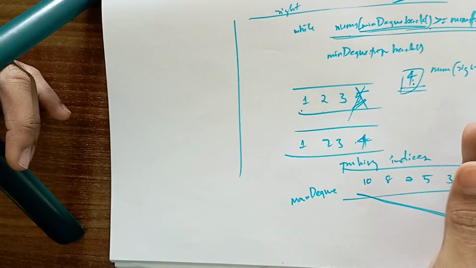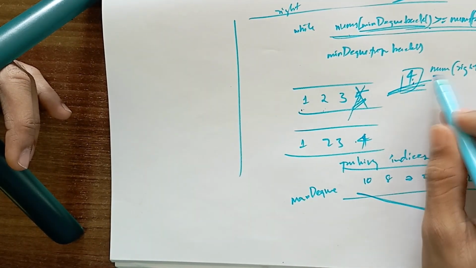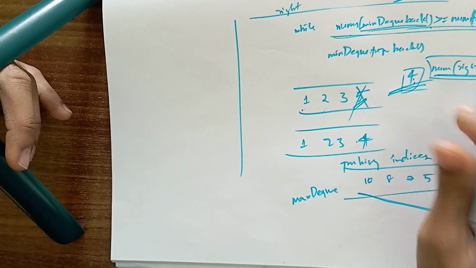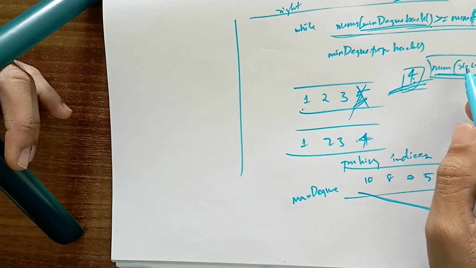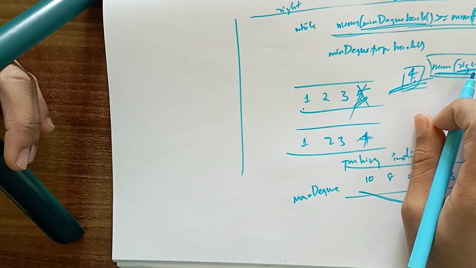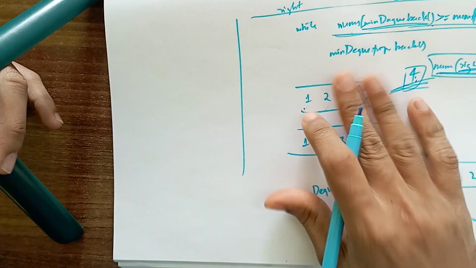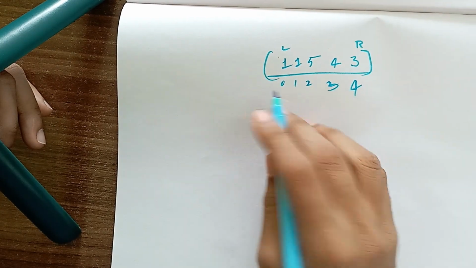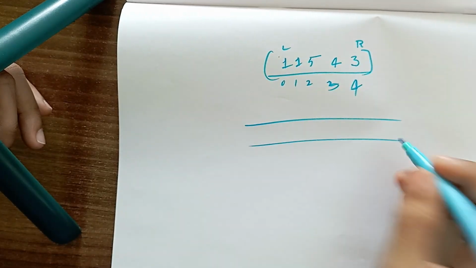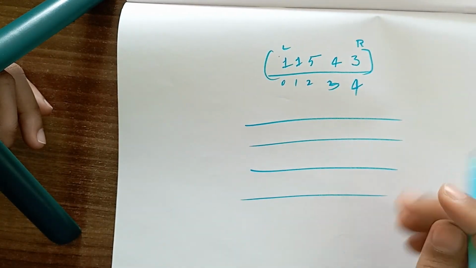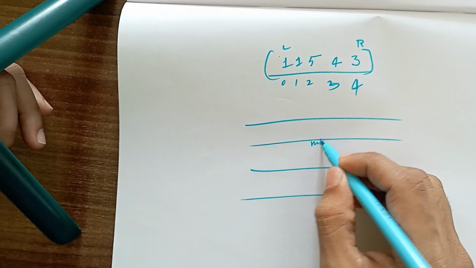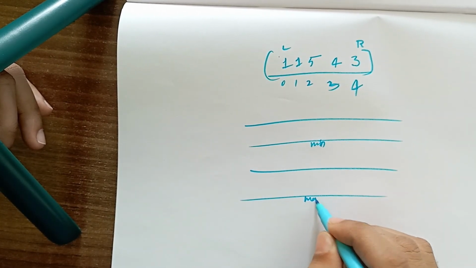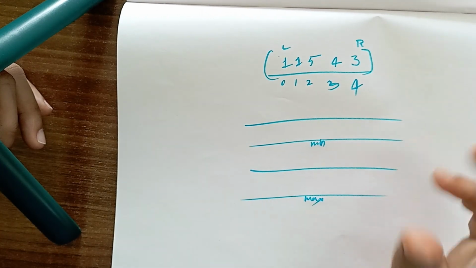After removing these, we will be pushing back only the index right into the minimum deque and maximum deque. Let us consider this example, where we store the indices of the minimum elements in the minimum deque and the maximum elements in the maximum deque.